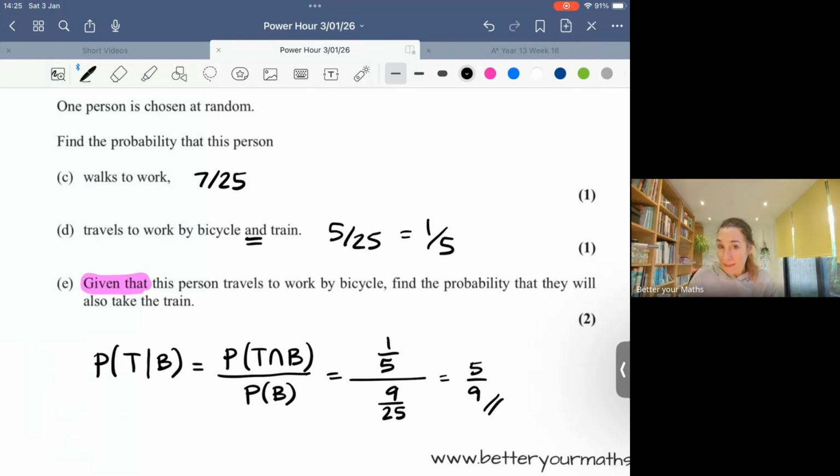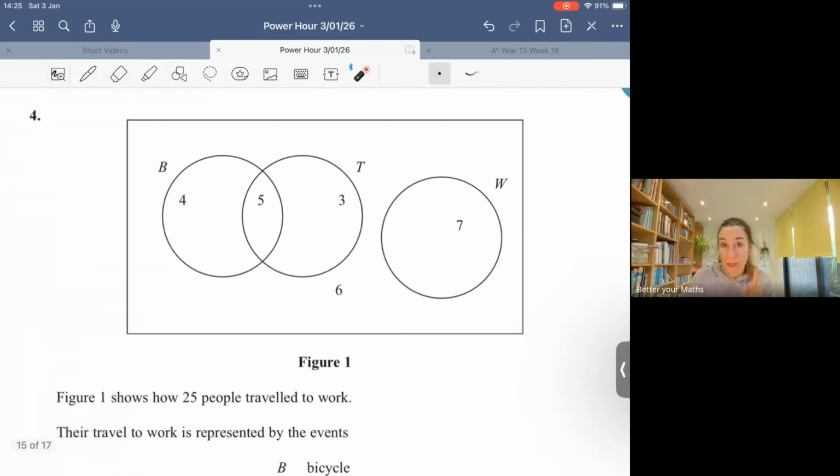In easy questions like this one, you can think about it. So they're asking me, what is the probability of them knowing that they travel by bicycle? So from this group, my probability is going to be out of 9, not out of 25. What is the probability that they travel as well by train? And we know we have 5. So you can do them very quickly if you understand conditional probability.